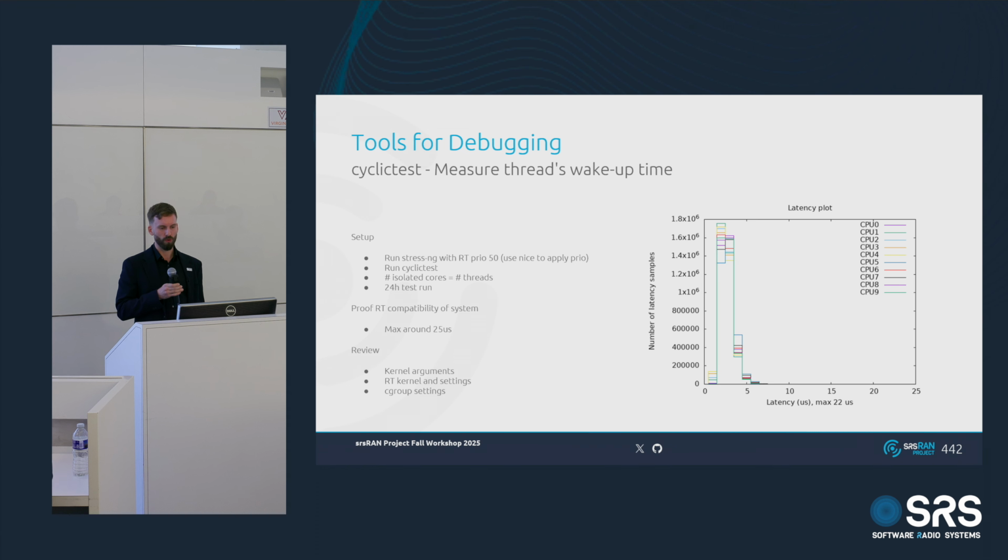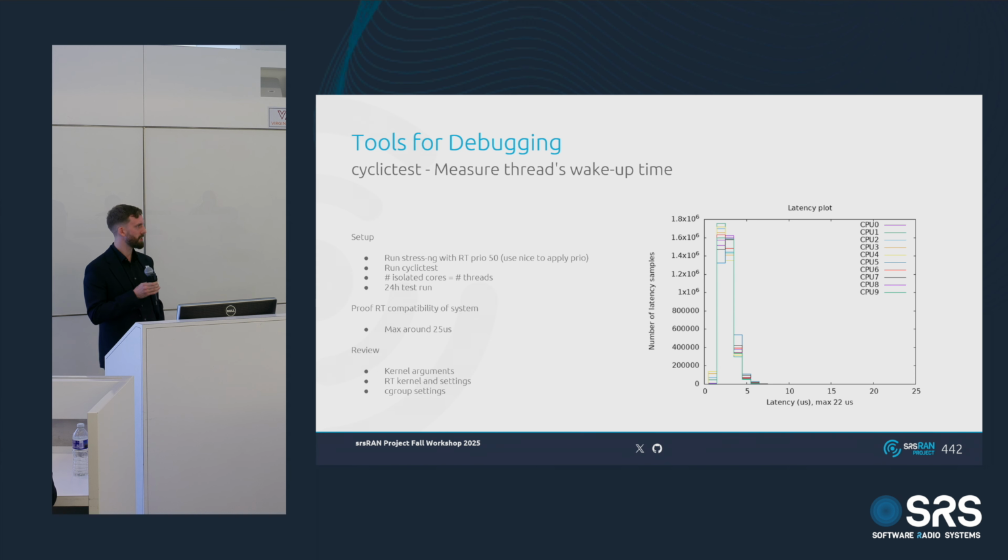You use the same setup for both srsRAN and cyclictest, so the number of threads is equal to the number of cores. And don't run it for just 10 minutes. There could be events coming up every hour or every 2 hours. So what I recommend is to run it over at least 24 hours.